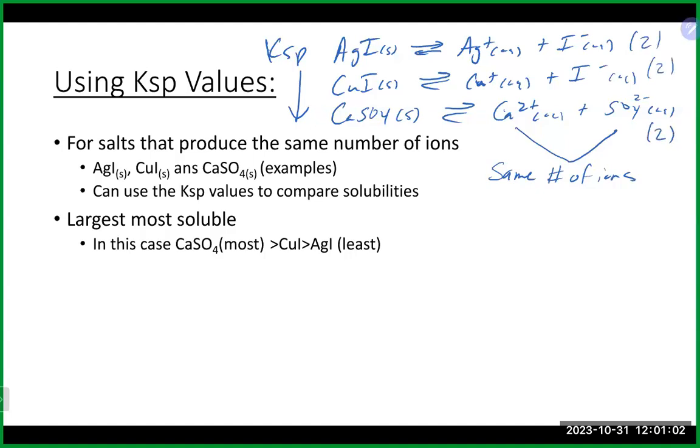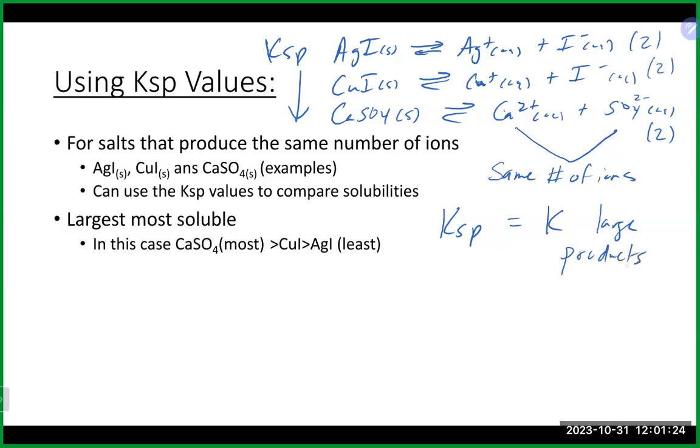If you're comparing things that form the same number of ions, you can use the KSP value to determine solubility. Because the KSP value is the same thing as a K value, if we have a large value of K, we should mainly have products.